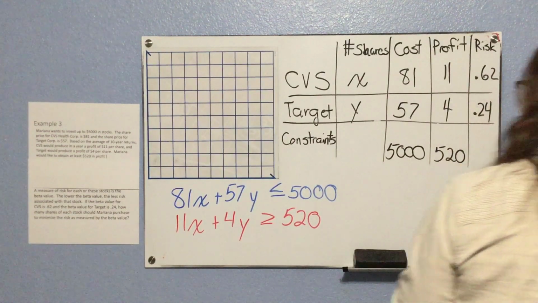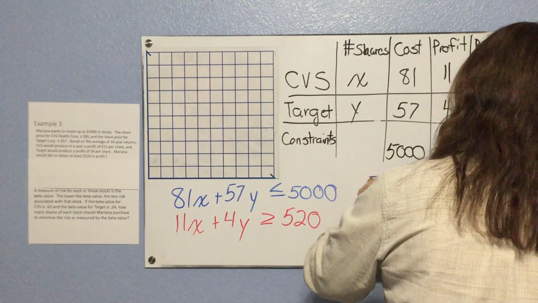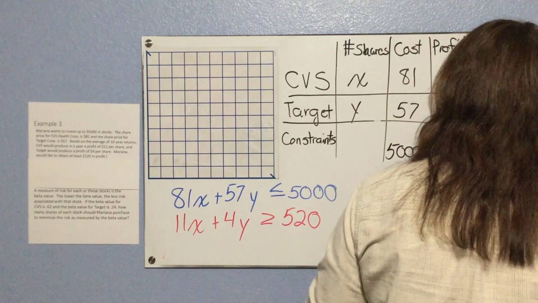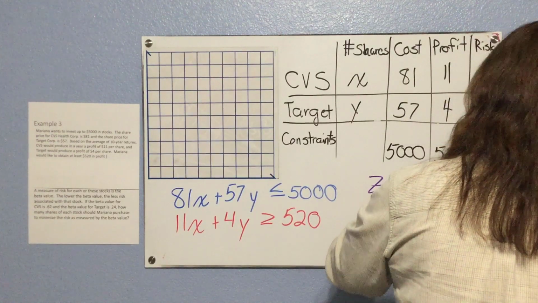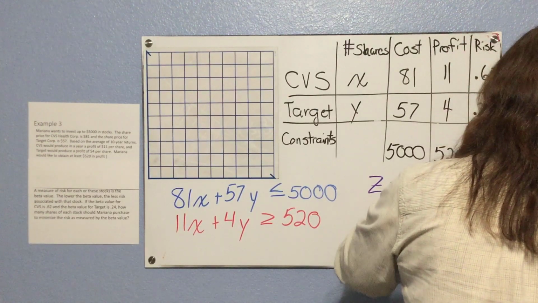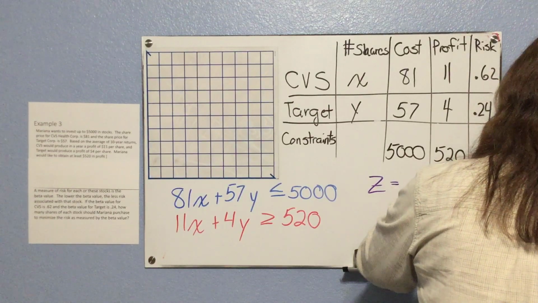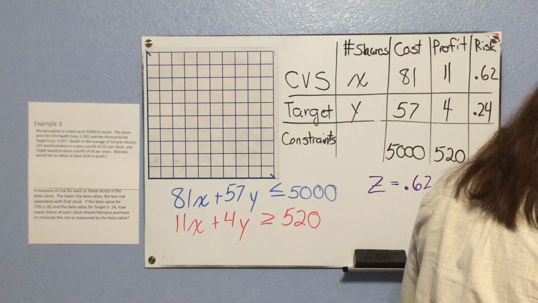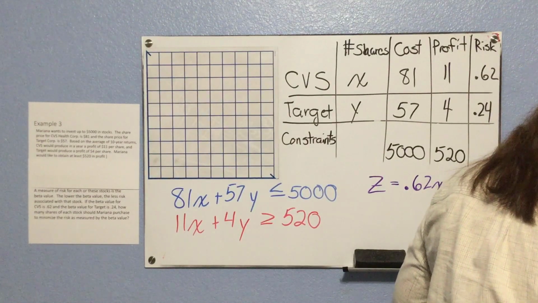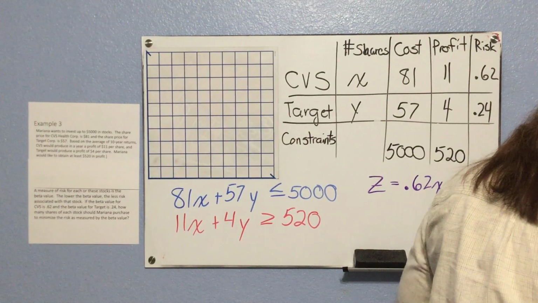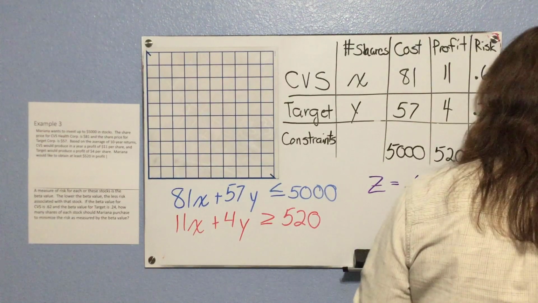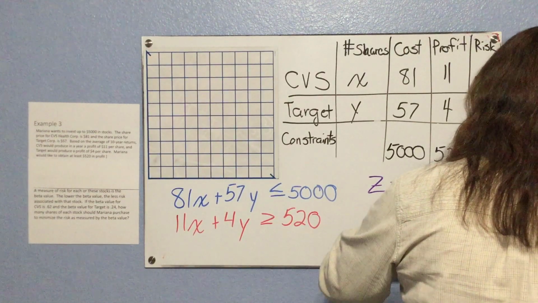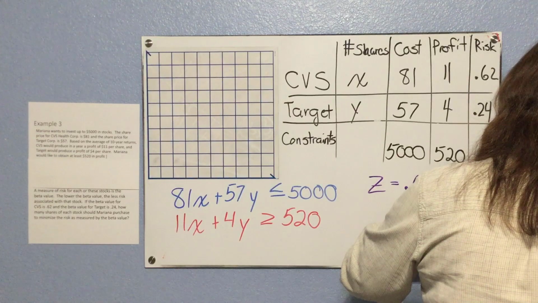Okay, and my Z function is going to be the risk, so 0.62x plus 0.24y. And the risk is something we want to minimize.